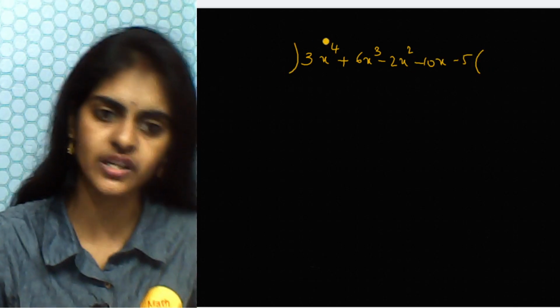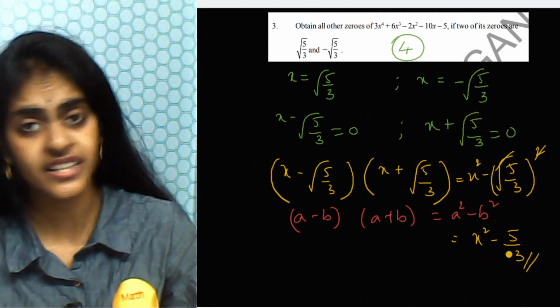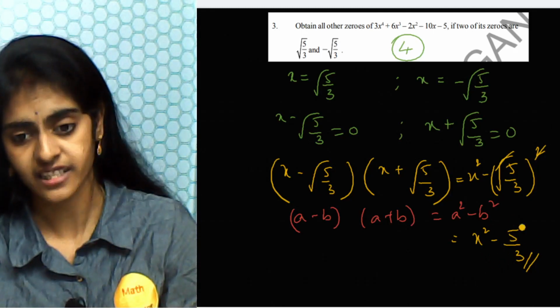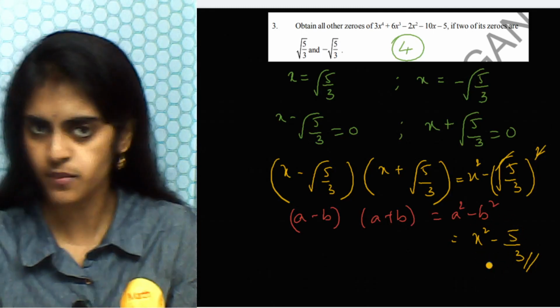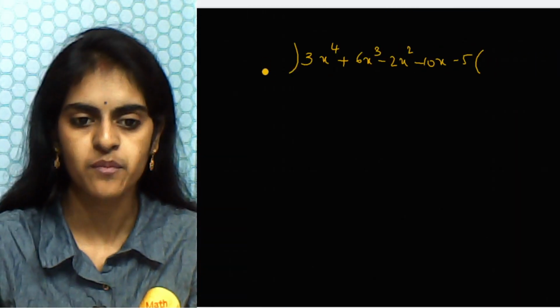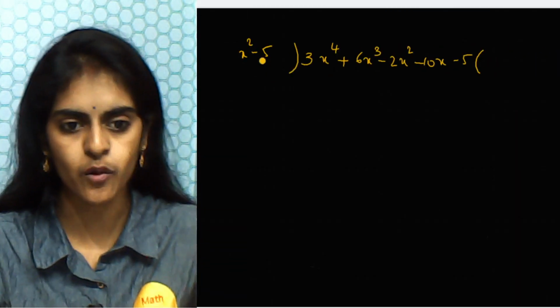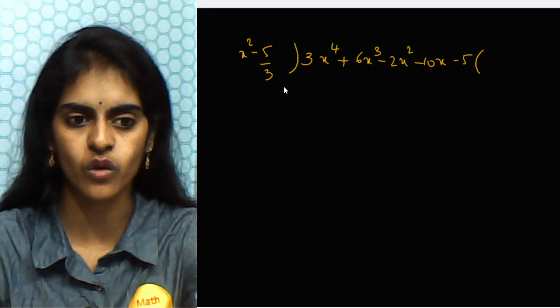This I have to divide with the product of the factors, which I got as the polynomial x square minus 5 upon 3.